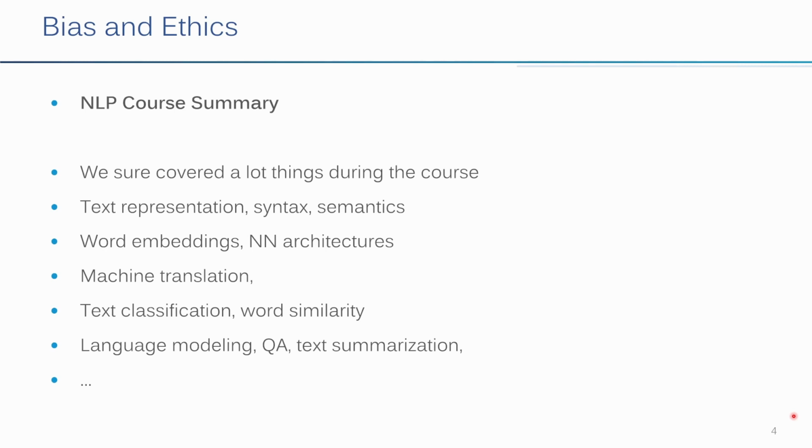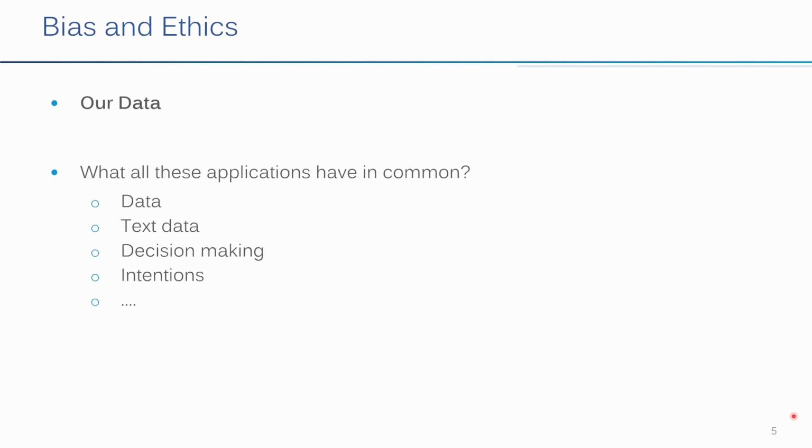Then we started talking about some neural network architectures, went over some natural language processing tasks such as machine translation, text classification, word disambiguation, language modeling, and so on. However, there is another aspect behind the technical things in natural language processing that we should be aware of.